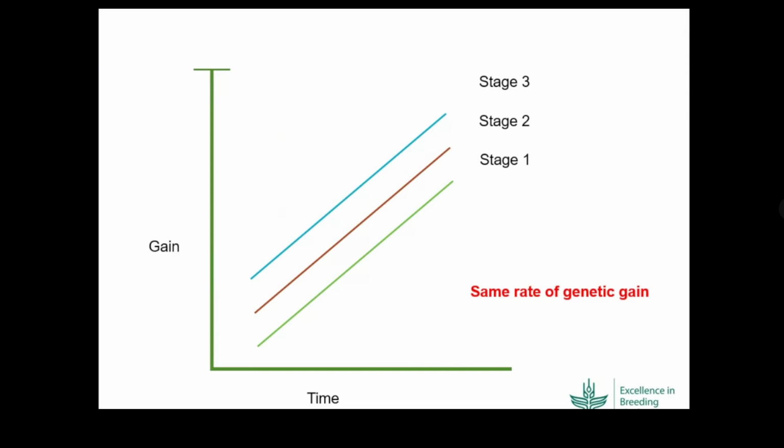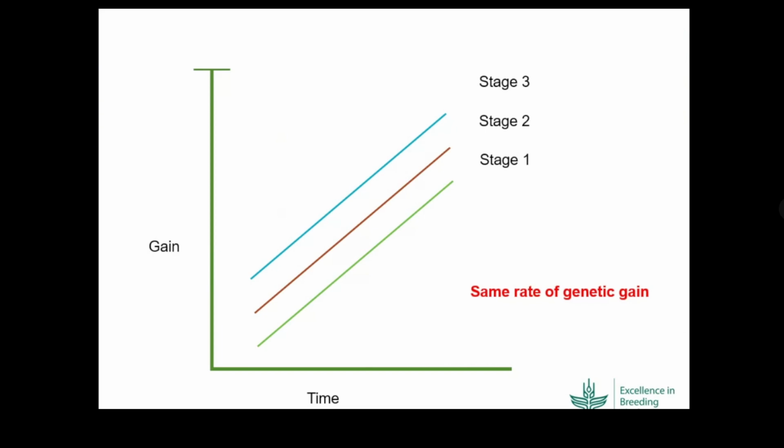If you were to extract from your database the early trials and get the genetic gain, or take the stage 2 or intermediate trials and calculate genetic gain, or take the late stage trials and calculate genetic gain. In the simulation, it turned out that there were just more or fewer dots because there were more or fewer entries, but the slope was the same.